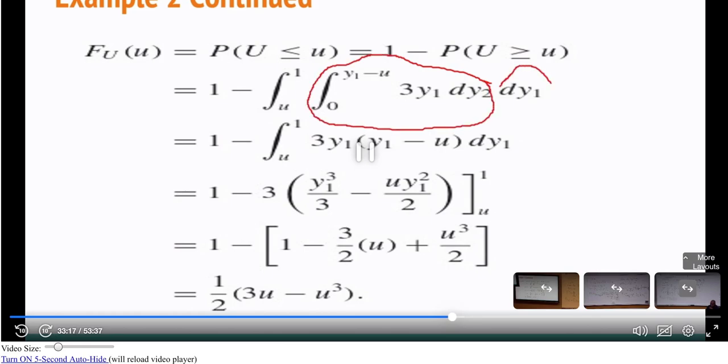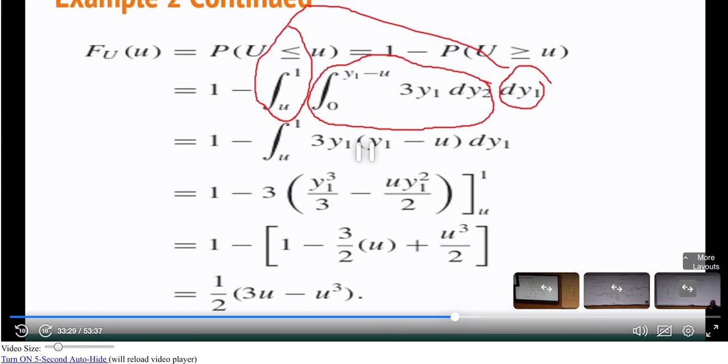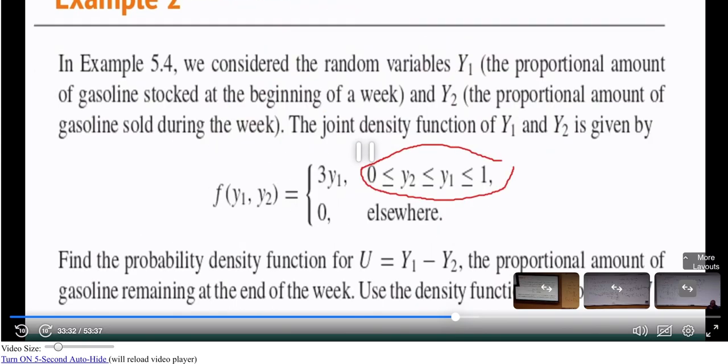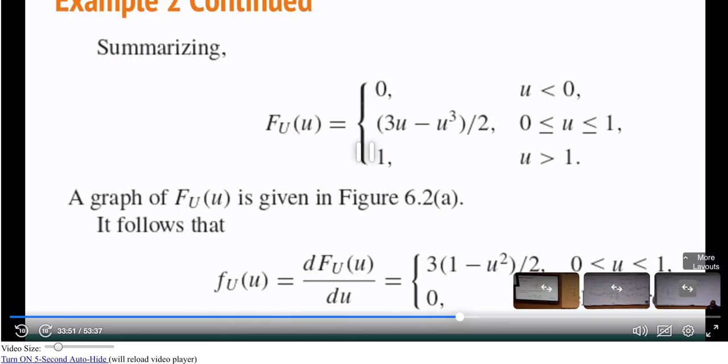And for Y1, the range of Y1 is this guy, U to 1. Let's say Y1 here. If I say Y1 lies between Y2 and that, then I'm trying to say this guy is like a U.